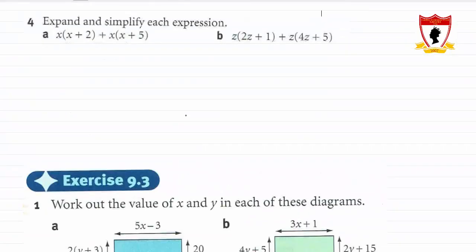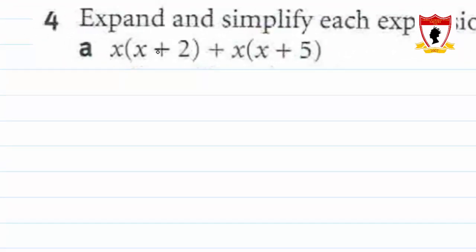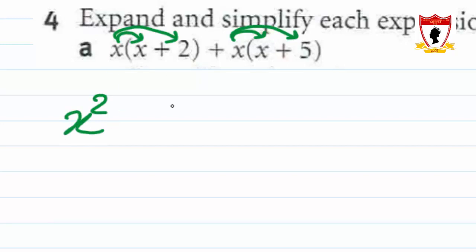Now, this question: if we have a variable outside the brackets, it has the same process. We start by multiplying the x by what is inside the brackets, then this x by what is inside the brackets, then add the like terms together. x times x is x squared. x times 2 will be 2x.